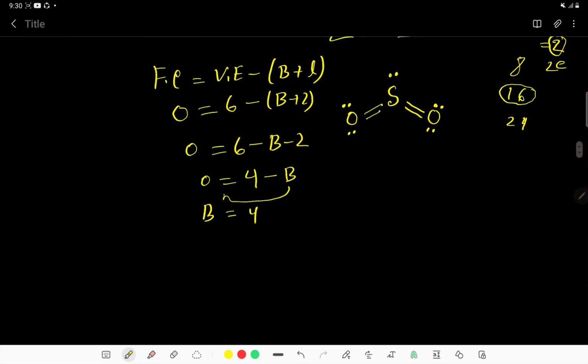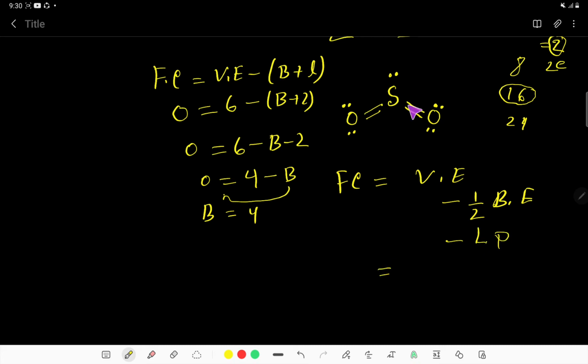Okay. Let me show you another formula for finding the formal charge of all the atoms. Formal charge equals valence electron minus half of bonding electrons minus lone pair electrons.